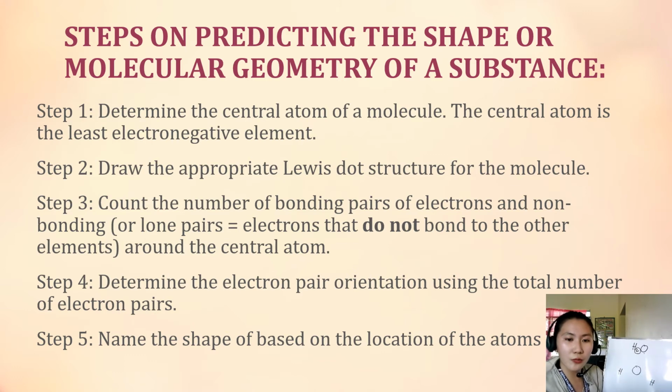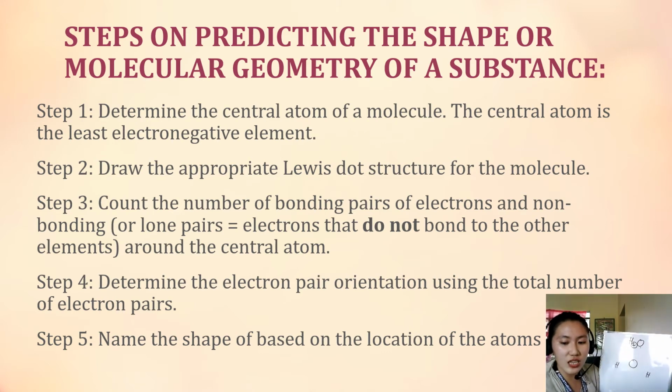draw the appropriate Lewis dot structure for the molecule. So, paano natin i-draw yung Lewis dot structure? So, first, dapat natin makita or mahanap yung valence electron, to know their valence electron. So, first, let us have oxygen.